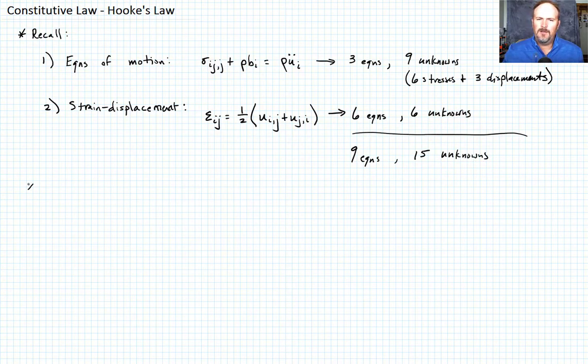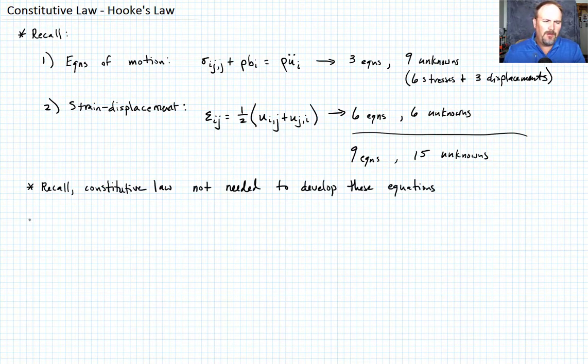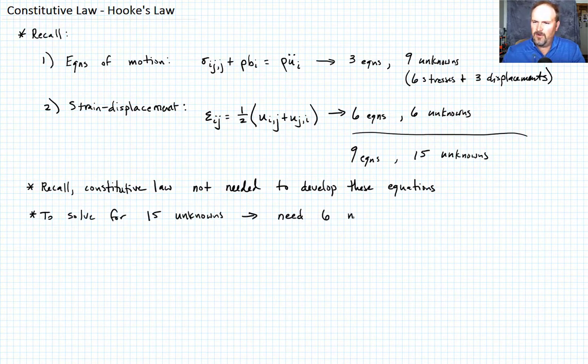I'm just going to remind you that the constitutive law was not used for these equations. But you also notice that in order to solve these equations, we need 6 more equations. So to solve for these 15 unknowns, we need 6 more equations.